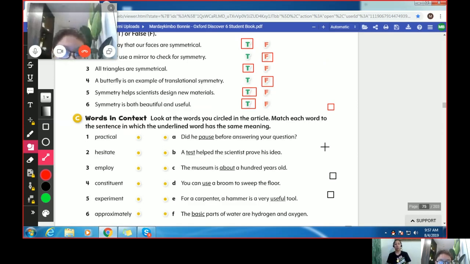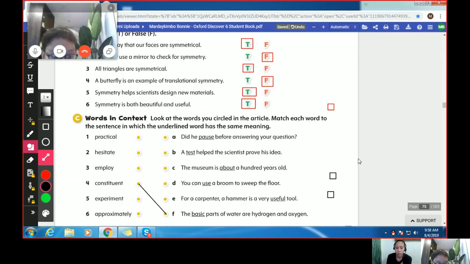Very good. Okay. So let me give you an example on how to answer this question. I will try to answer letter F. So letter F, the answer for letter F is constituent. Why?